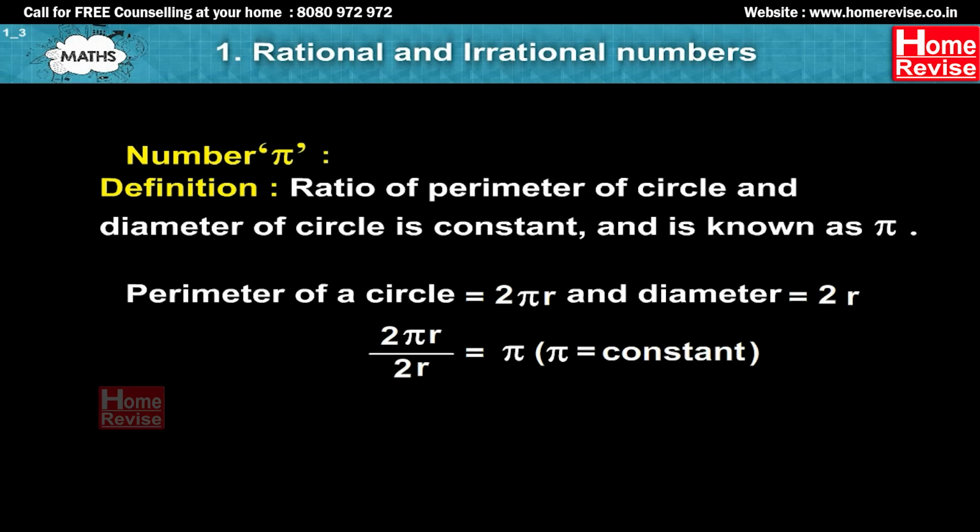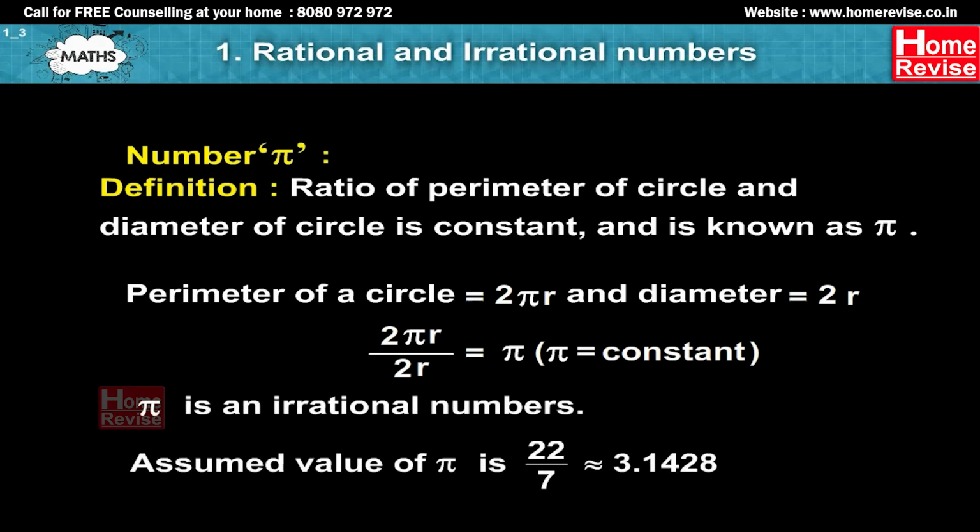If we take the ratio of perimeter and diameter, 2 pi r upon 2r is equal to pi. Therefore, pi is a constant. Also, pi is an irrational number. The assumed value of pi is 22 divided by 7 or 22 upon 7, that is equal to 3.1428.